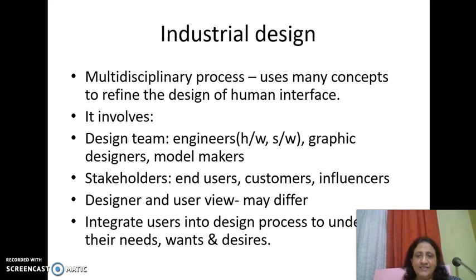Industrial design considers that the designer's view is different and the user's view is different. So it is always important to integrate designers as well as users into the design process to understand the needs, wants, desires and requirements of users from an operating point of view.